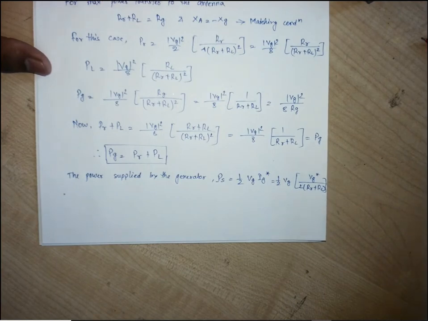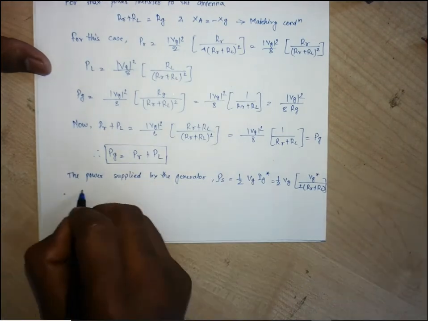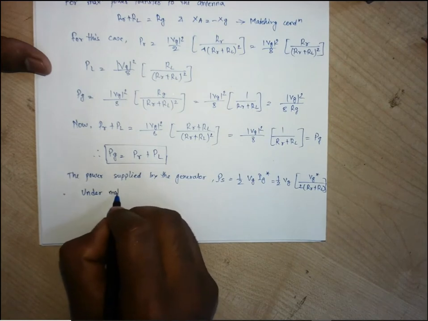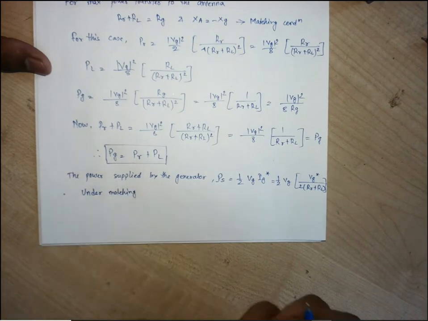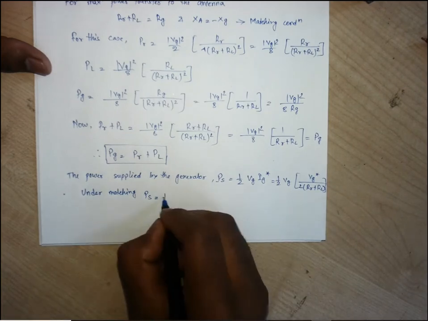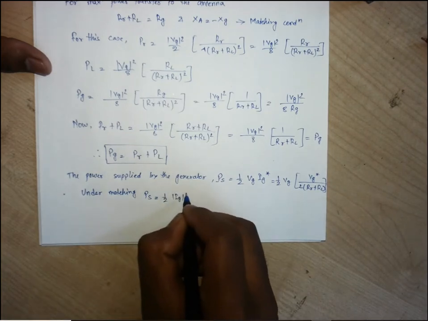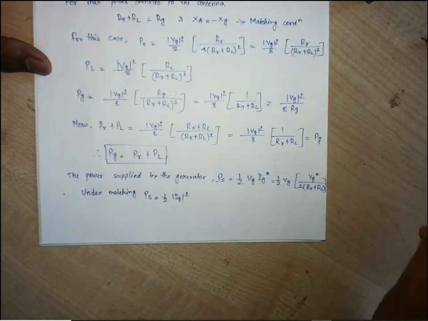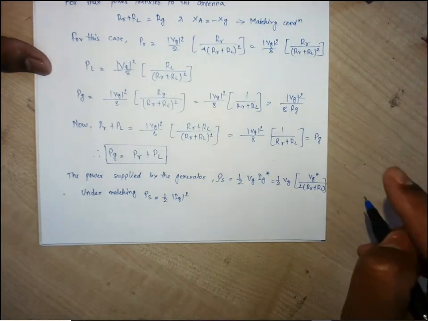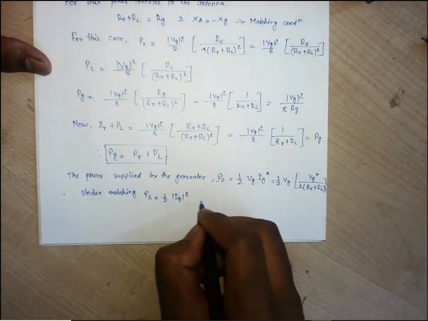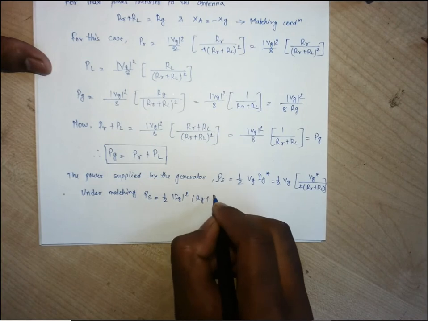Or we can also take it out like this under matching. The total power PS is half Ig squared times R, where R is the total resistance, Rg plus Rr plus RL. Under the matching condition, Rg is the same as Rr plus RL.